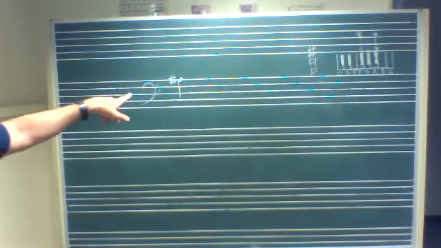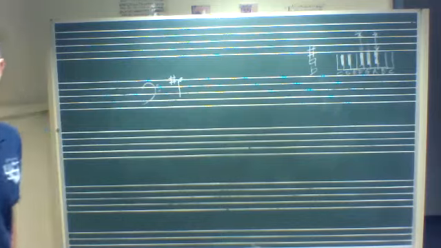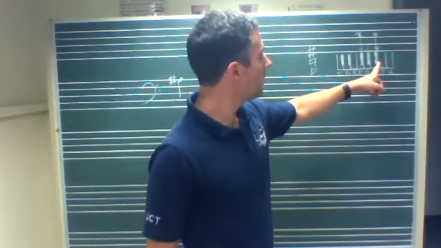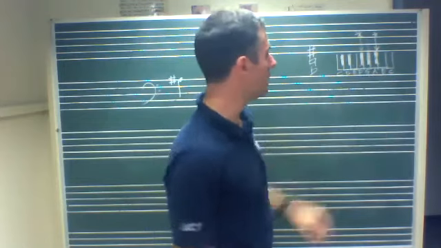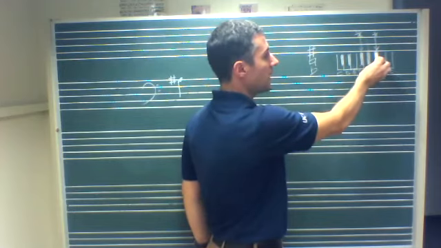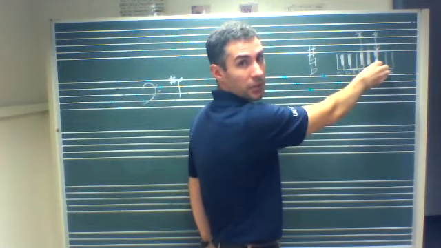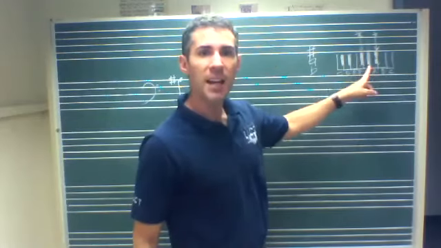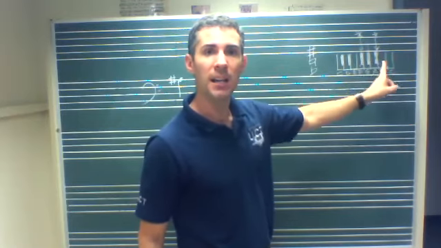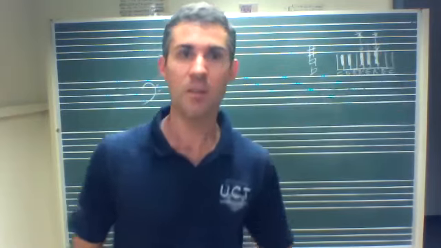What is the letter name of this note? A sharp. A sharp, correct. If we go onto the piano keyboard, here is A, the white note. There is the black note. Now, if we're looking at it from the A side, it's A sharp. But if we look at it from the B side, what note is it?